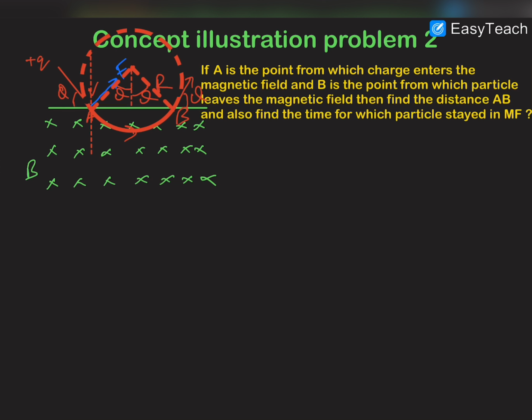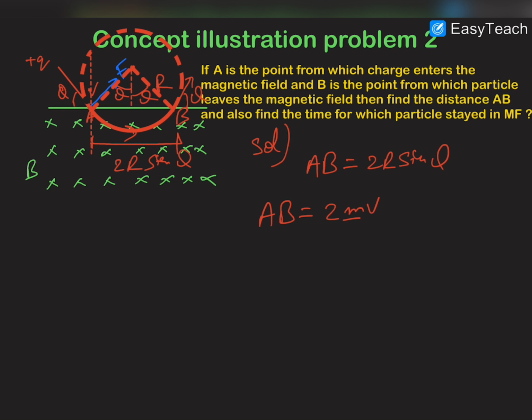So this is radius, and you can see that this distance is 2r sine theta. You can see that this is r, so this is r sine theta, so this is 2r sine theta. Theta is given to us, so we can say that AB distance is 2r sine theta, and r is mv by qB, so it is 2mv by qB into sine theta.